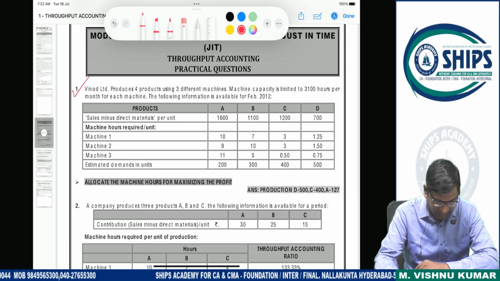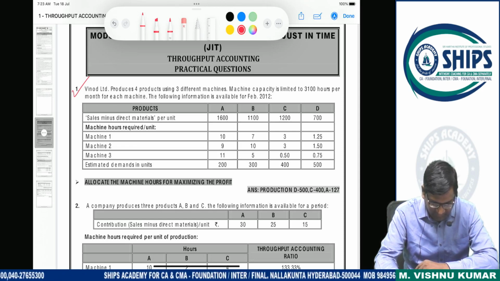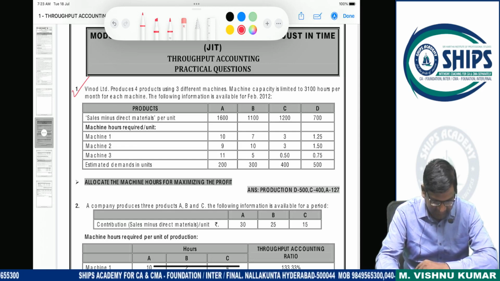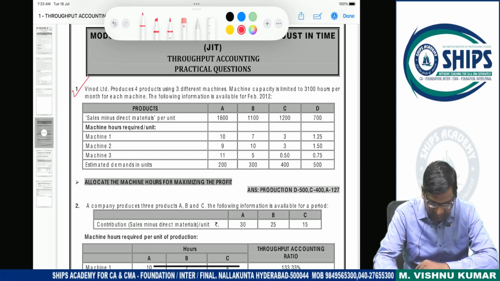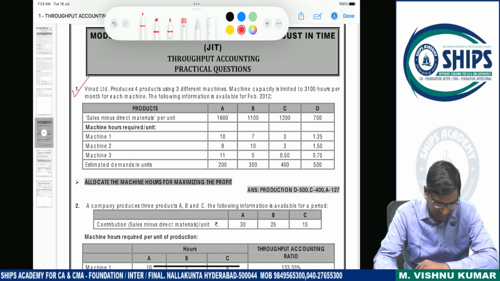One company produces 4 products A, B, C, D, and they are using 3 machines, 1 to 3. Machine capacity is limited to 3100 hours per month for each machine. Following information is available for one particular month. Sales is given, minus material, so this is throughput contribution: sales minus direct material cost.